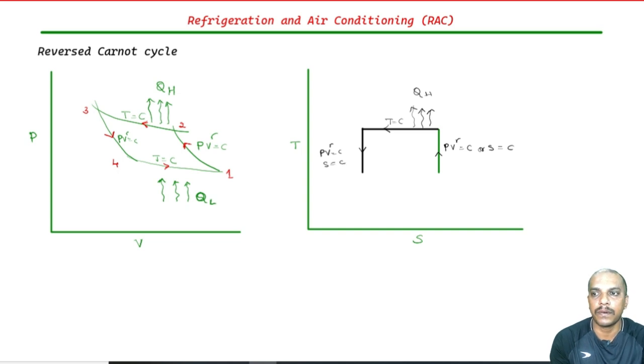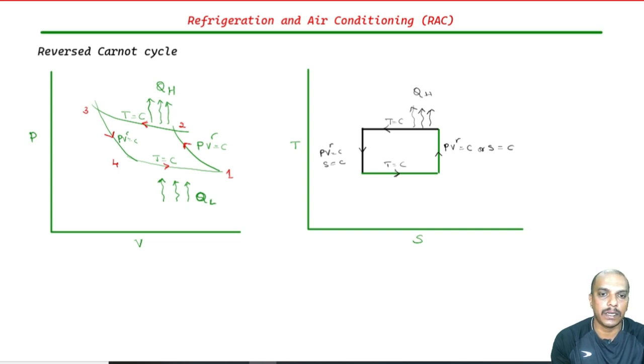Then again you have this process which is constant temperature, heat removal from the space or heat addition to the refrigerant. So, you can always look from the perspective of the refrigerator or the refrigerant, but whenever we write the cycle, we are more concerned about the refrigerant.